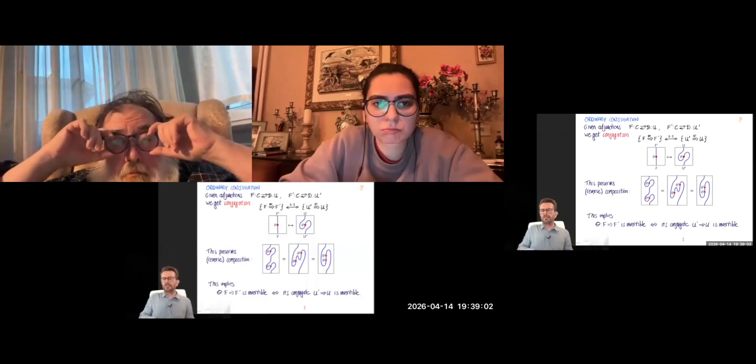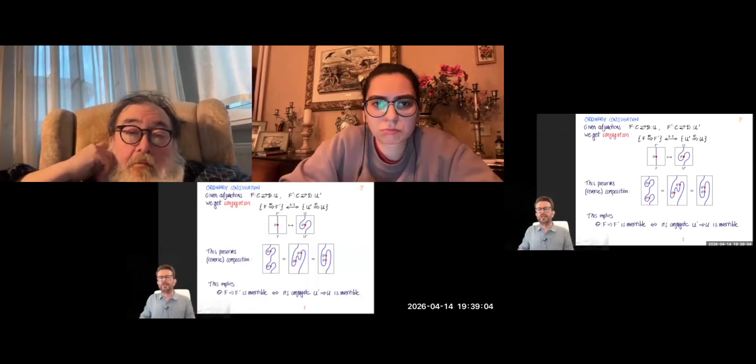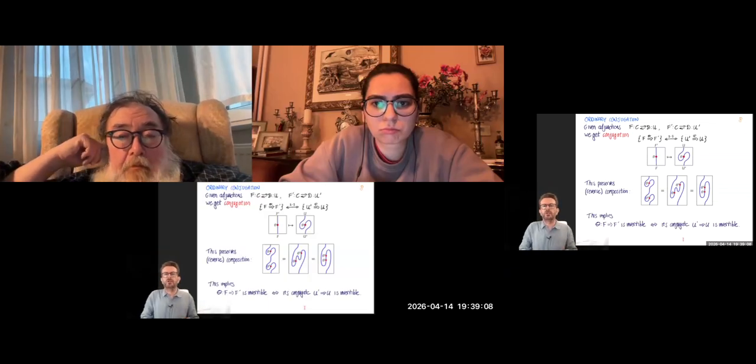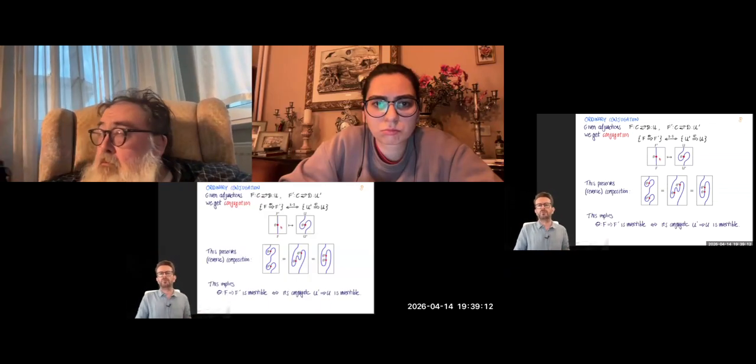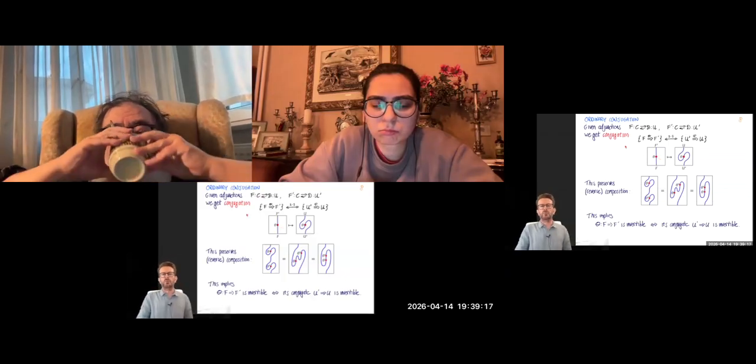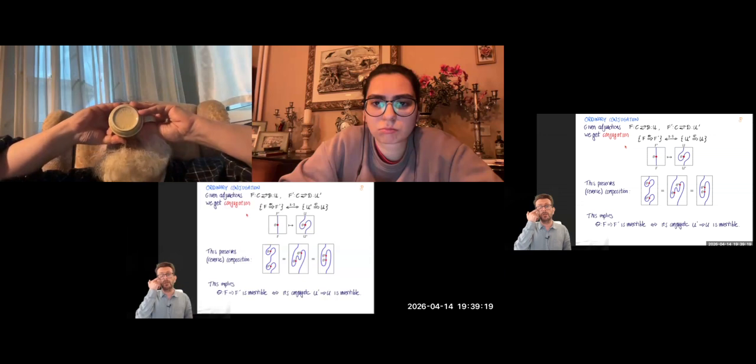Okay, so let's go back to ordinary adjunctions now, and we've got the notion of conjugation. Given two adjunctions of the same shape going between the same categories C and D, we get the notion of conjugation.